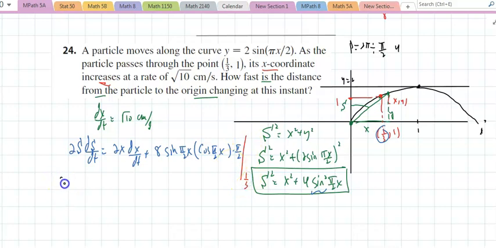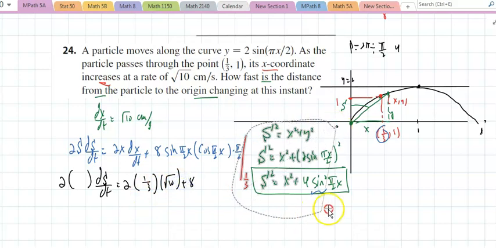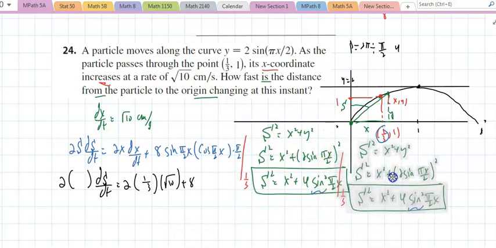So twice, I'll get ds/dt in a minute, that's really what I'm looking for. Twice x, I know that x is 1/3. dx/dt they gave me to be radical 10. I know there's an 8.